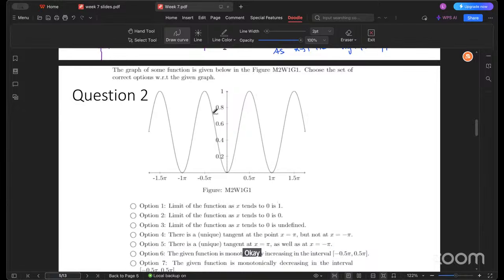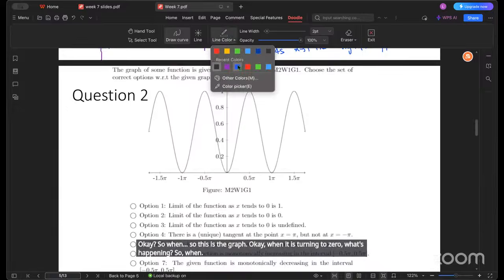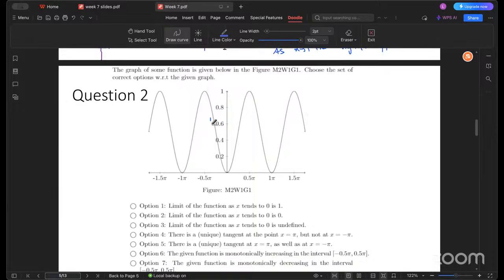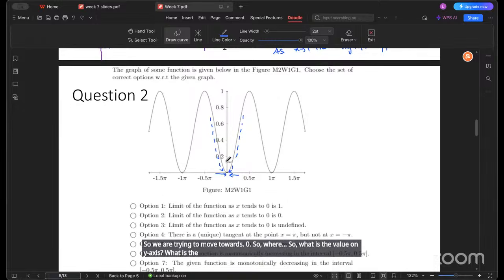So this is the graph. When it is tending to 0, what's happening? Look at the flow of this graph. When it is going closer to 0, where is it going? What is the value on the y-axis?